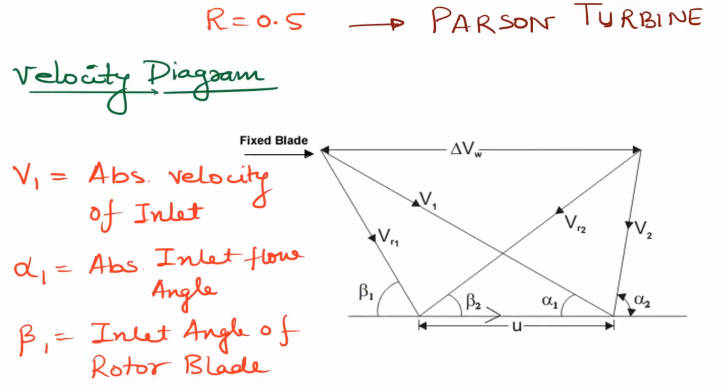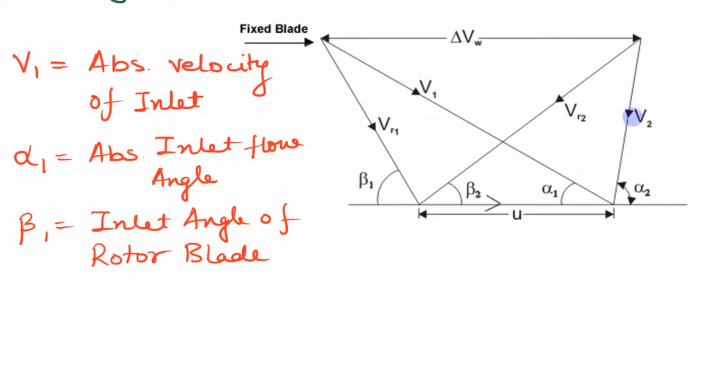Also, the exit velocity of flow is V2. So V2 is also called the absolute exit velocity, or absolute velocity of exit of steam, we can say.